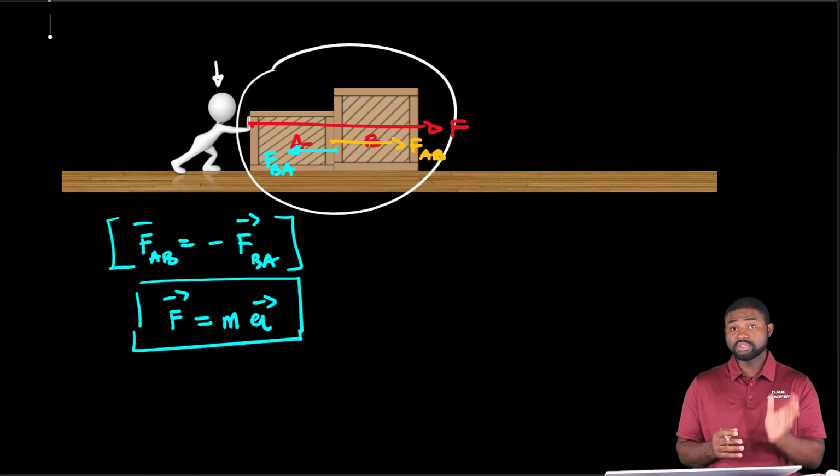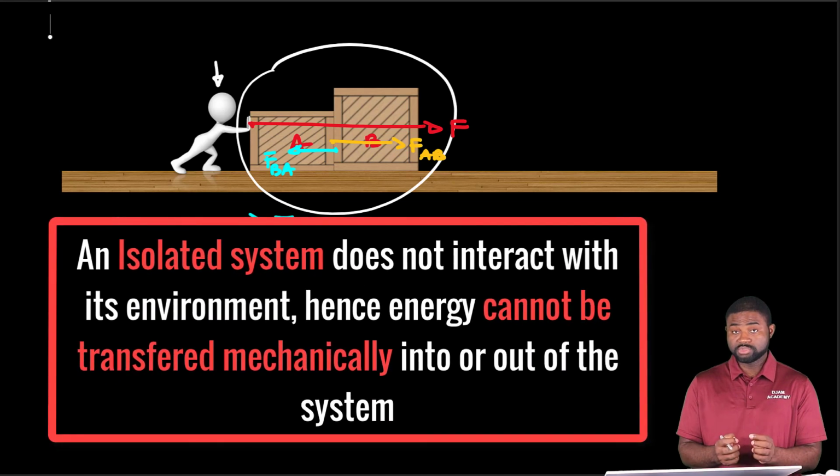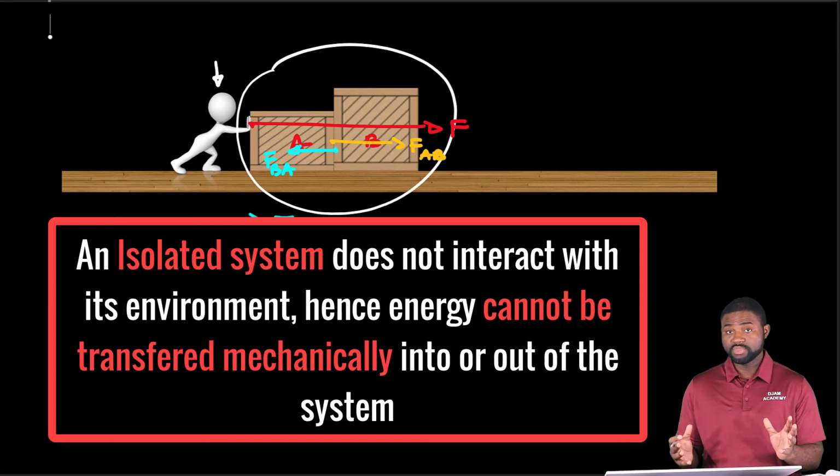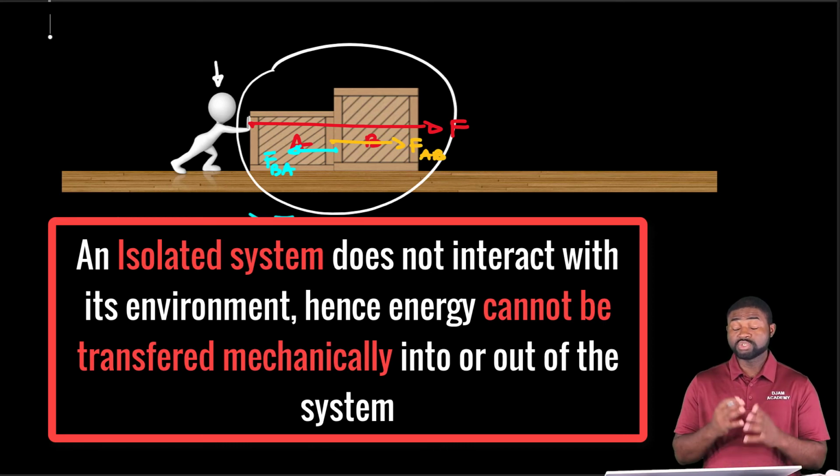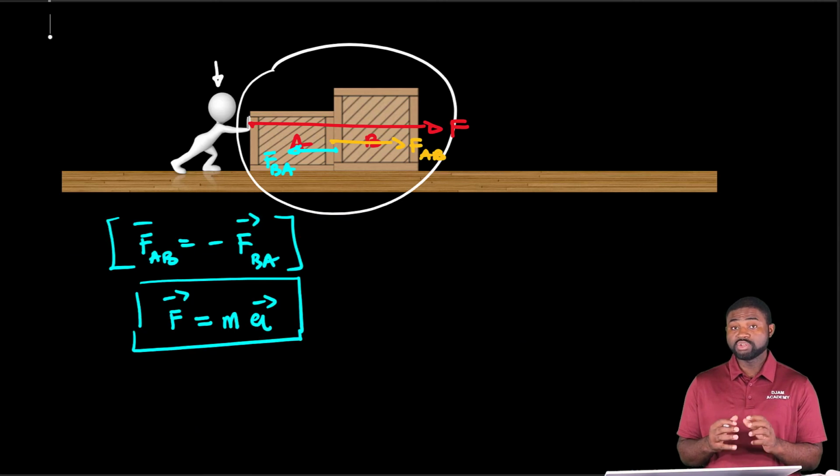A system that does not interact with its environment is what we call a closed or isolated system. So there are two kinds of system. A system can either be isolated or non-isolated. An isolated system does not interact with the surroundings, which means that no external force acts on the system.